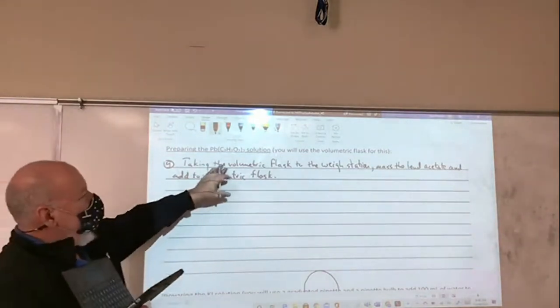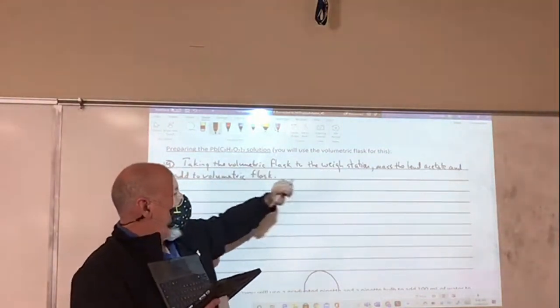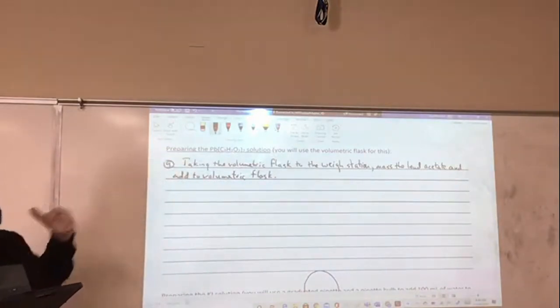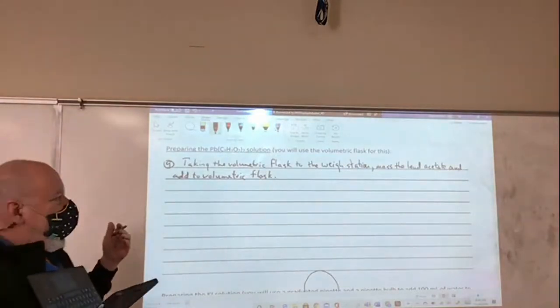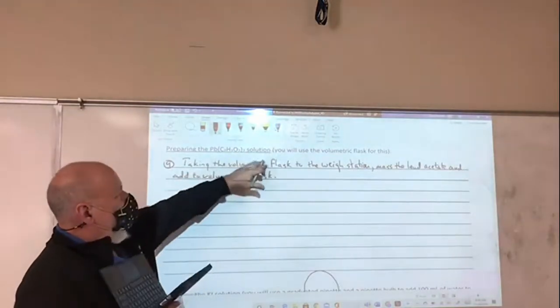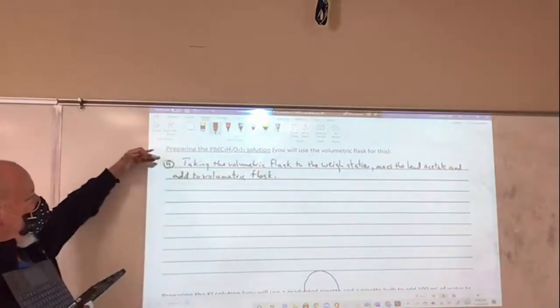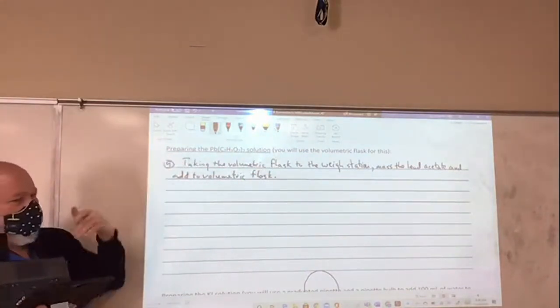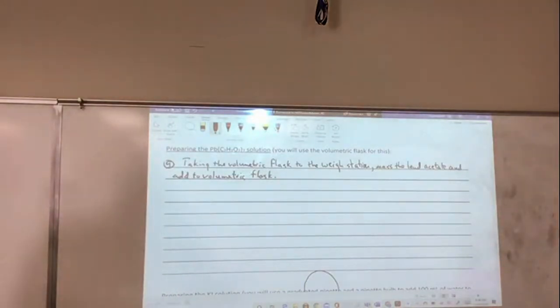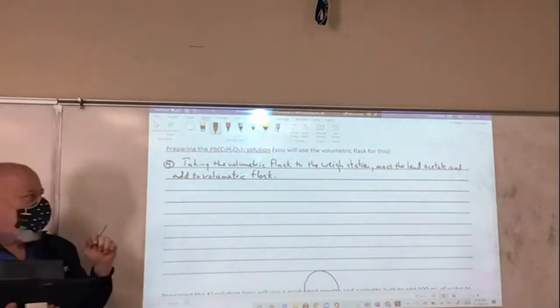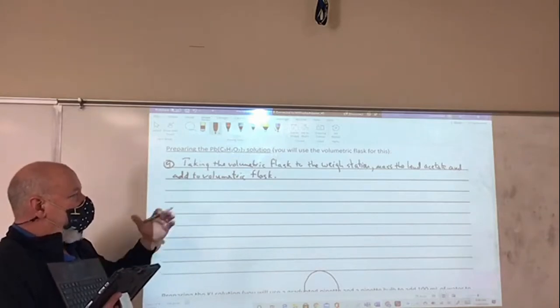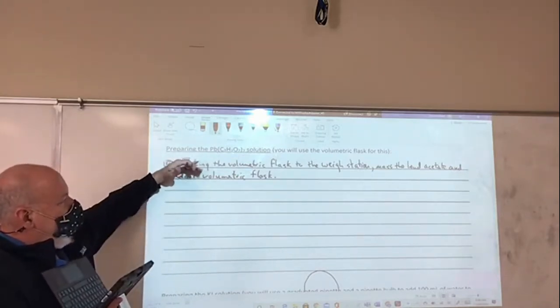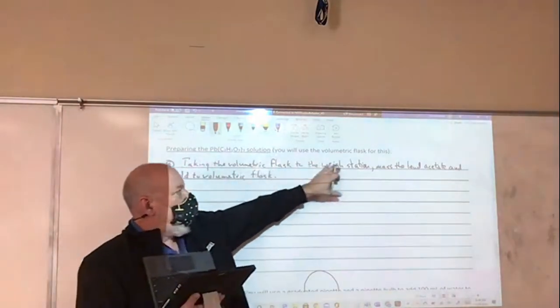Okay, so now let me just tell you that if you were to be preparing this for publication, for example, in a medical journal or a science journal, when you talk about the procedure, you don't really do it in a step-by-step fashion like this. You do it in more of a text, more of a paragraph form, and you would leave a lot of this out.